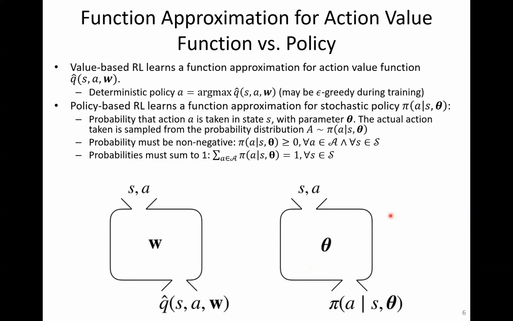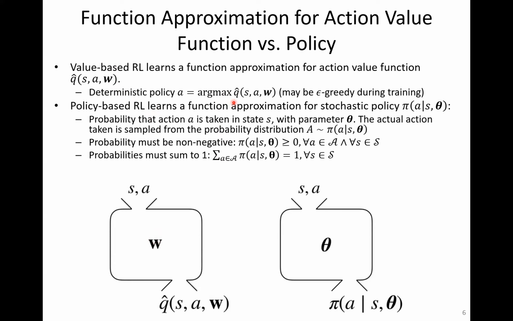This contrasts with learning a function approximation for action value. You have a state-action pair, and you learn a function approximation parameterized by W. Then you can derive a deterministic policy by taking an argmax on the learned Q value function.